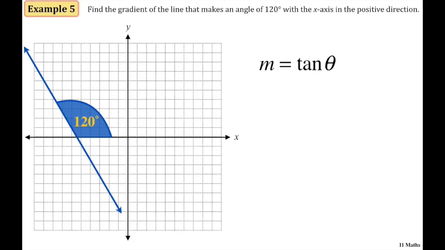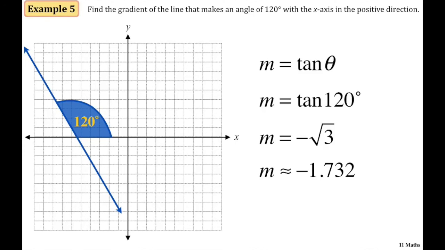We also know that the angle's 120 degrees, so m equals tan of 120 degrees. And the tan of 120 degrees from earlier trigonometry is precisely minus the square root of 3 if we wanted the answer exactly, or we could say it's approximately minus 1.732. Notice the minus sign occurs because it's going downhill. Our line is travelling downhill from left to right.